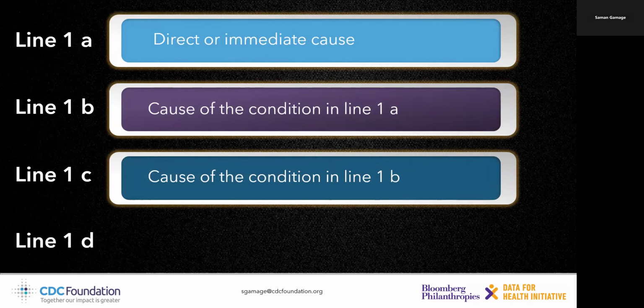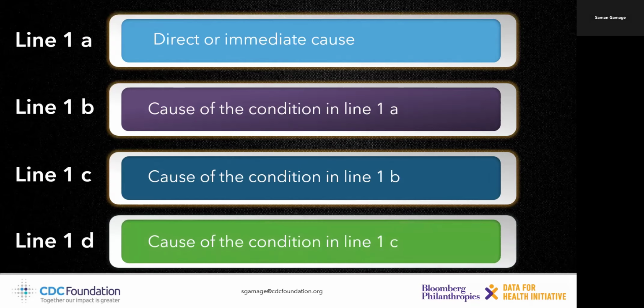In other words, the condition in line 1C is causing or leading to the condition in line 1B. If the condition reported in line 1C is caused by another condition, the cause of the condition in line 1C is reported in line 1D.